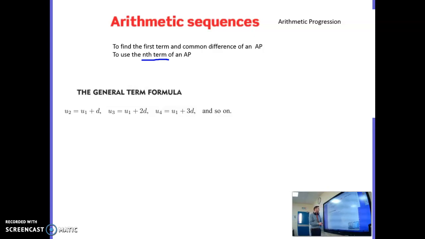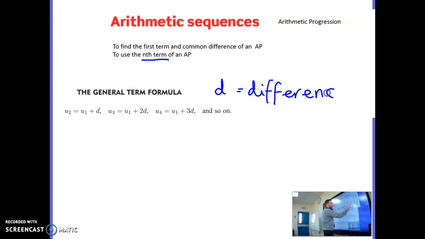So, the general term formula. We're going to bring in the letter D to represent the difference, the common difference in our sequence. We know that U2, the second term, is equal to the first term plus D. So I take the first term and add the common difference.